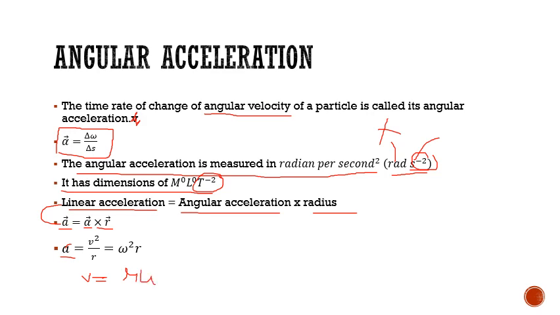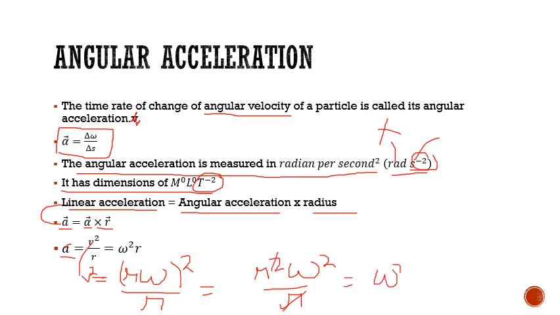Now if I substitute this value here, what happens? This is v whole thing square divided by r, which in turn is r square omega square divided by r. This r and this square get cancelled. What am I left with?